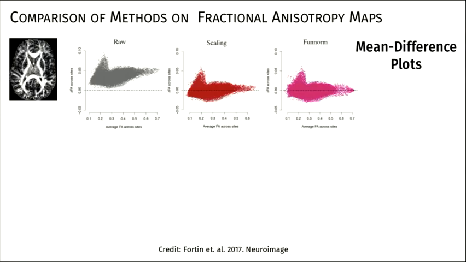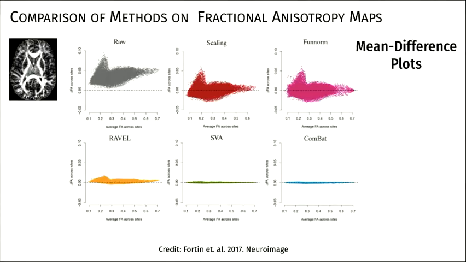What you see here is the raw data of how the data varies between sites. Certain kinds of global scaling techniques center the mean, but there's still a lot of variation. And this is a class of intensity normalization techniques that also roughly center the mean, but there's still a lot of variation. Then there was a whole bunch of latent variable models.